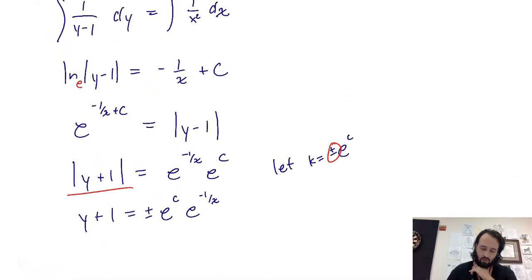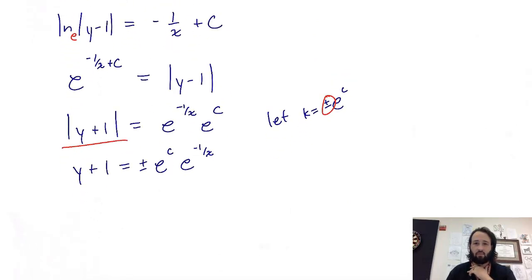So it's really whatever you prefer. I don't usually do it until later on in the problem when I kind of have c where I want it to be, so I don't have to do a bunch of math with the number. But it's really whatever, just be careful as you go through the problem. So this plus or minus e to the c is really now just some constant of multiplication, which would be k.